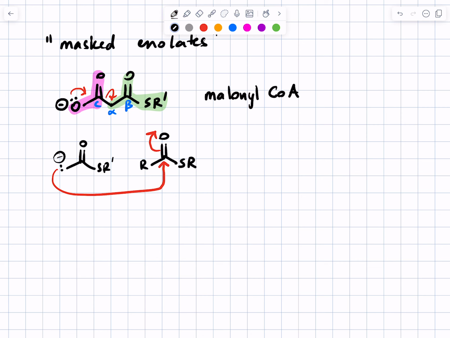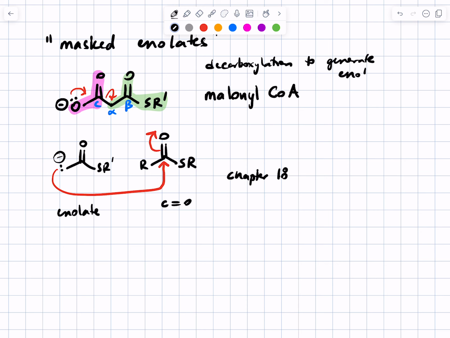That's this kind of thing, an enolate attacking a carbonyl carbon. That's the stuff of chapter 18. We're not going to talk about that today. That's a preview. But the point is that nature uses decarboxylation to generate an enolate, which it can use as a nucleophile.